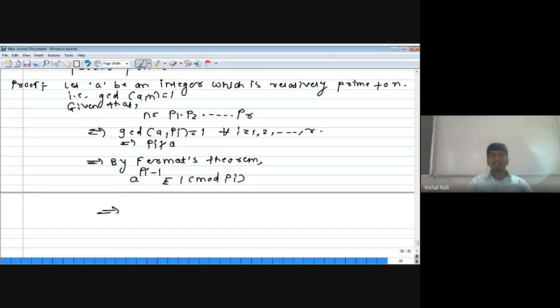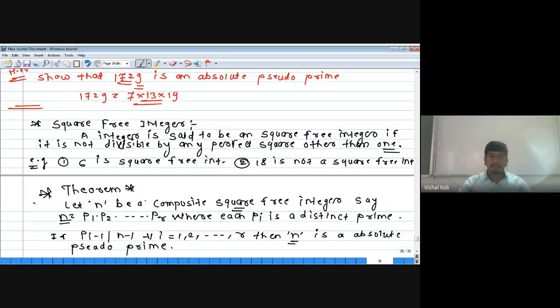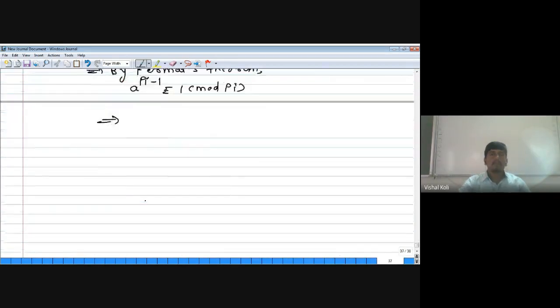By the definition of congruence, pi divides a to the power pi minus 1 minus 1.